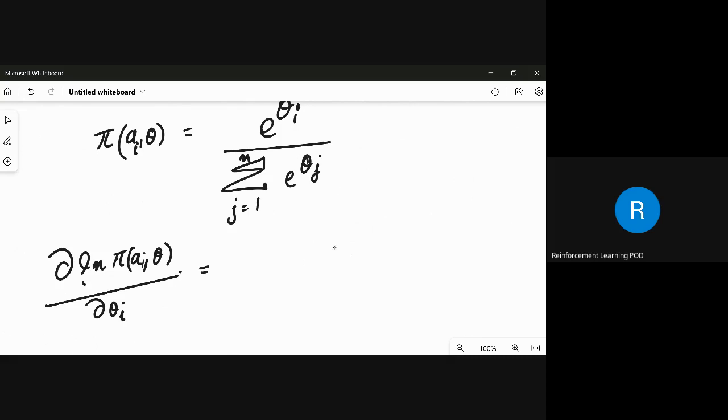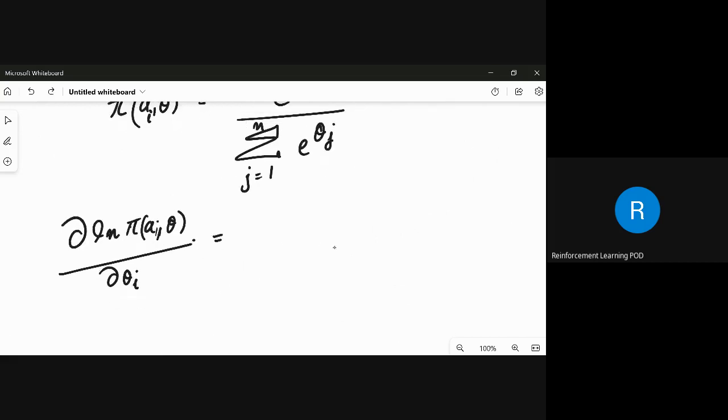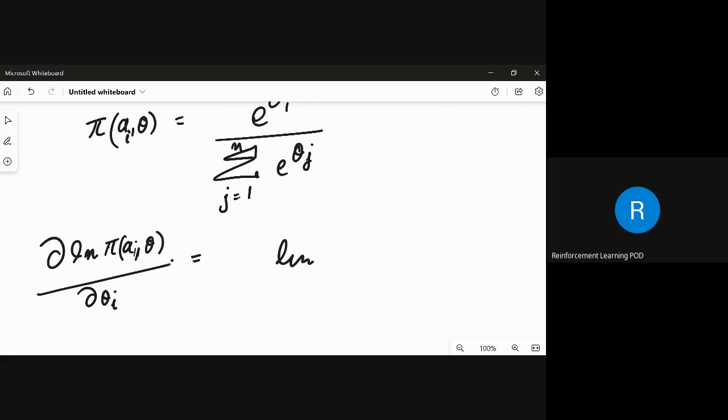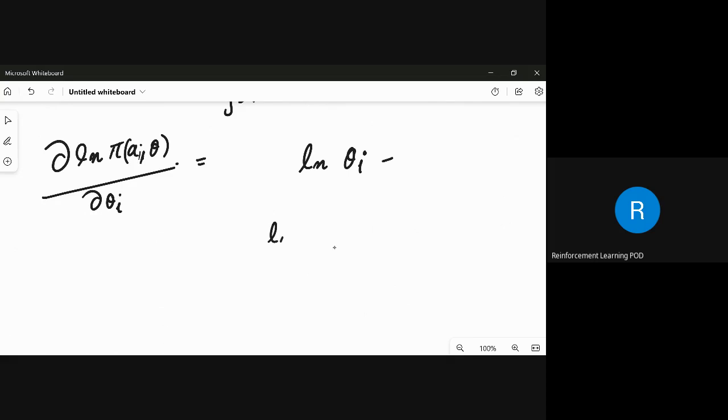So I'm taking the ln of this particular quantity, so it will become ln of e to the theta i minus ln of sigma e raised to the power theta j, and derivative with respect to theta i.